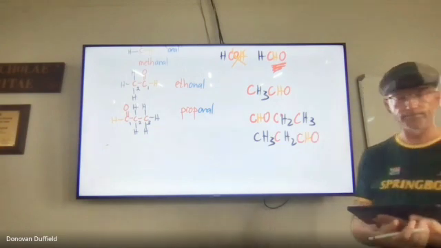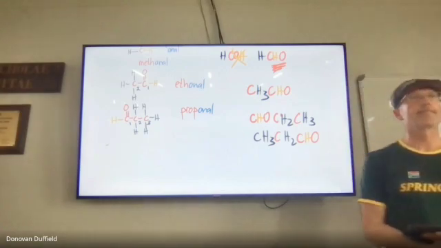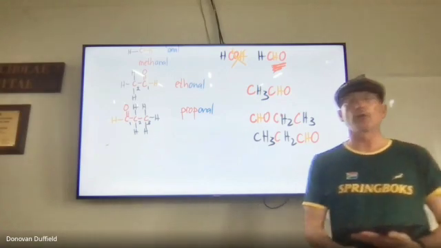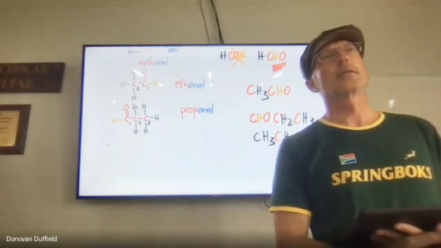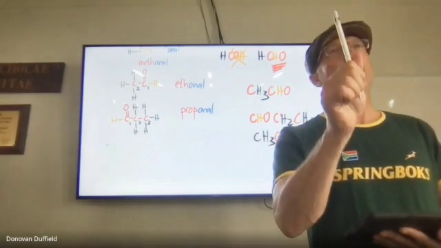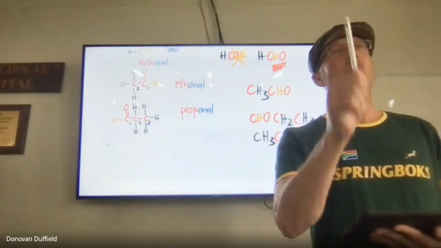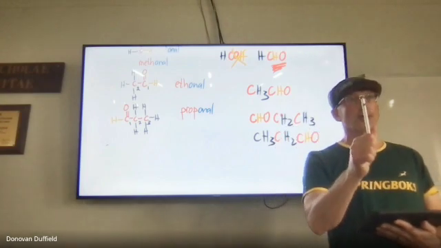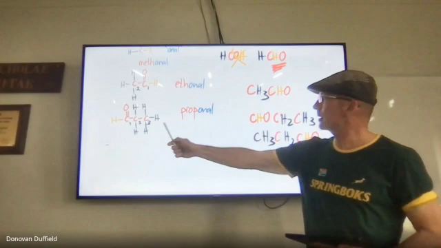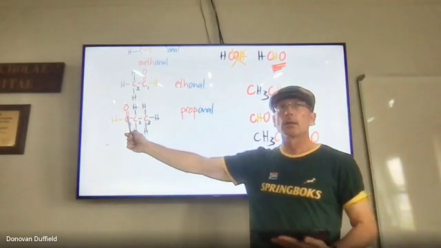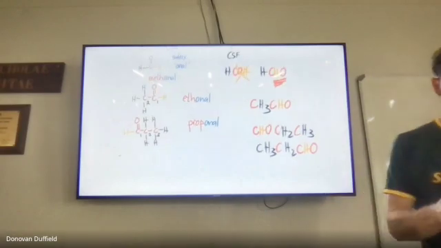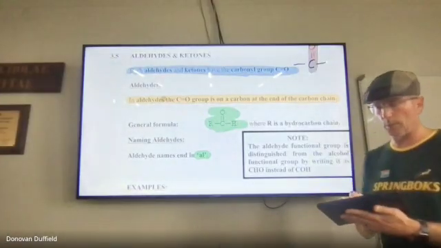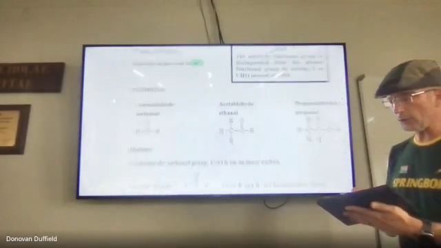Right. So the CHO you need to remember. In the notes it said that the carbonyl group is always at the end of the chain in an aldehyde. I'm about to now go to ketones. In an aldehyde, it is at the end. Now, what if we now move the C double bond O into the chain?